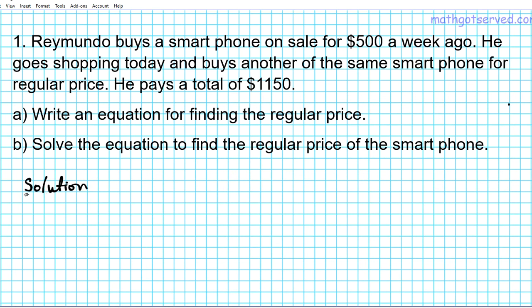Now we want to write an equation for finding the regular price. Okay, so we need to assign a variable to the one unknown in this equation, which is the regular price. So let's call that x. Okay, so let x be the regular price.